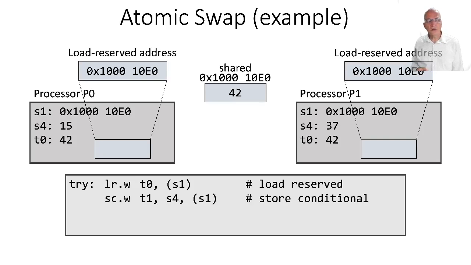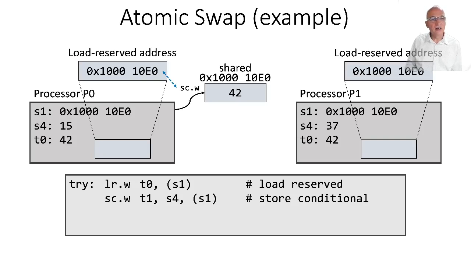So now the next instruction that both processors will try to execute is the store conditional. The store conditional will try to store a new value into that location, but will only do so if the location has not changed. So first, let's say that P0 happens to do the store conditional first. If the location has not changed since the last time, then the store conditional will succeed.